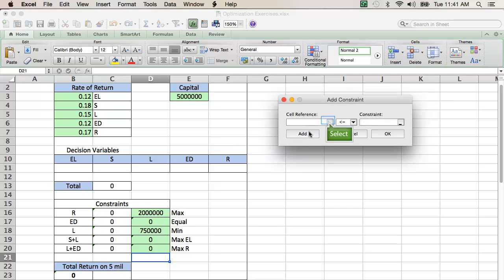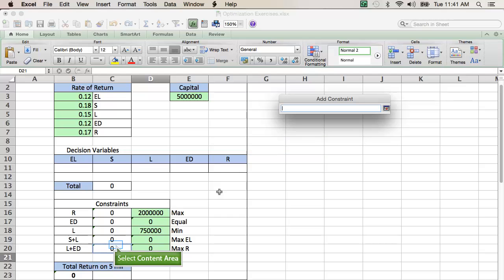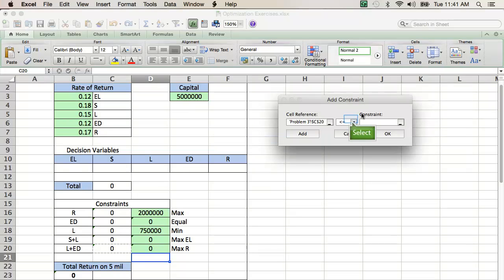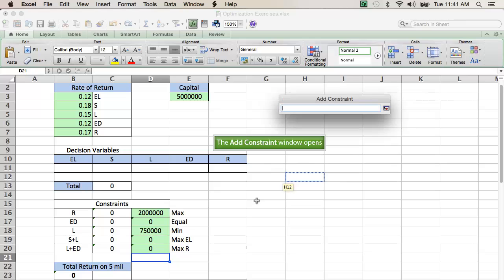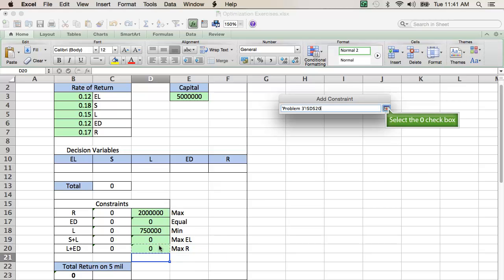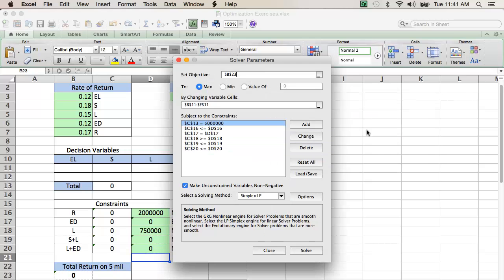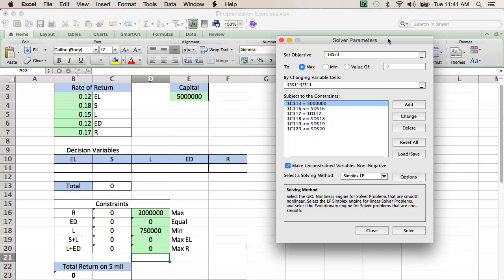The amount that we invest into logistics plus education has to be no more than or less than or equal to the amount that we invest into retail. Okay, so we're communicating to Solver only what Solver needs to know. We've checked our non-negativity constraint, and our simplex method of LP is selected. Now we're ready to solve.